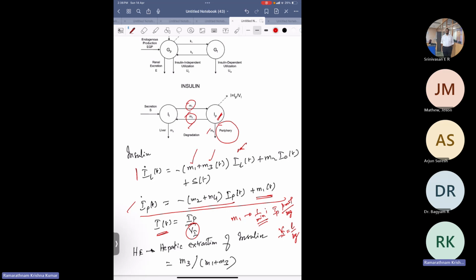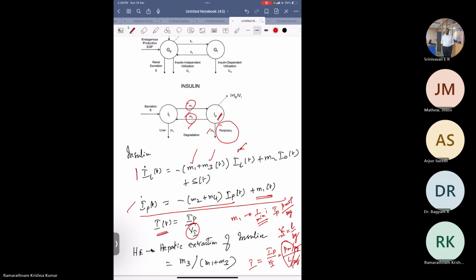So if I now put IP divided by VI, then P mole per kg divided by liter per kg becomes concentration I, which is P mole per liter. Clear? Yes.